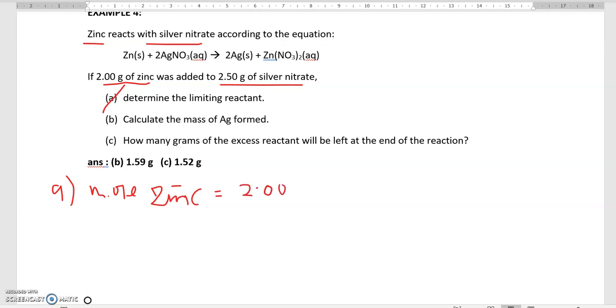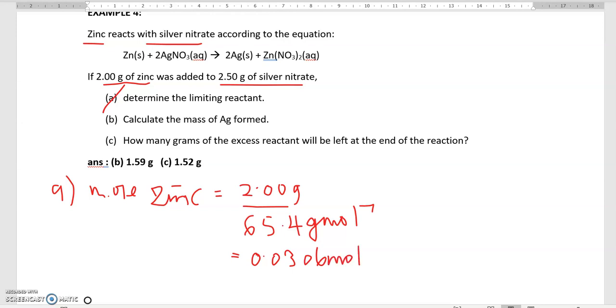2.00 gram over molar mass zinc, 65.4. So therefore the mole is equivalent to 0.0306 mole. So next you must find out the mole of AgNO3.